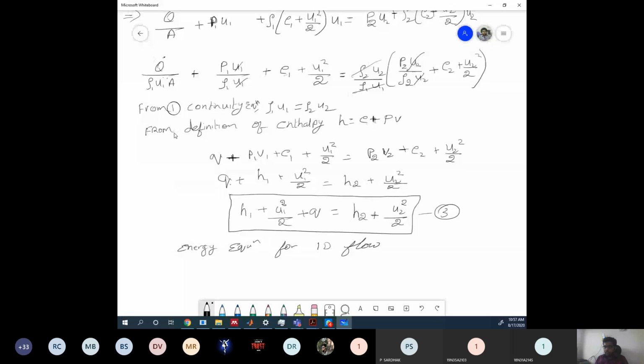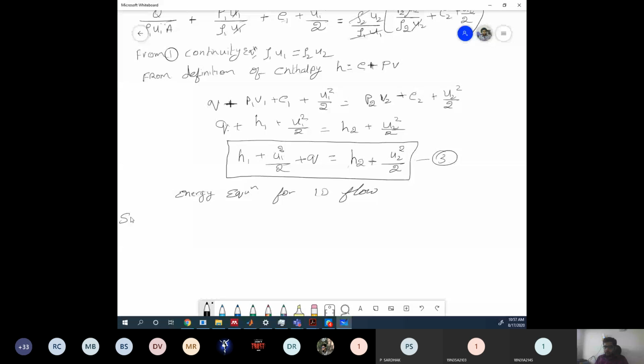So, summarizing the 1D flow equations. We derived three equations, right? One is continuity, rho1 u1 is equal to rho2 u2.